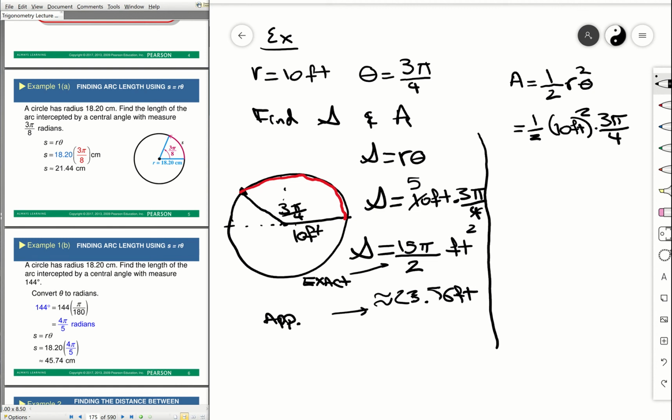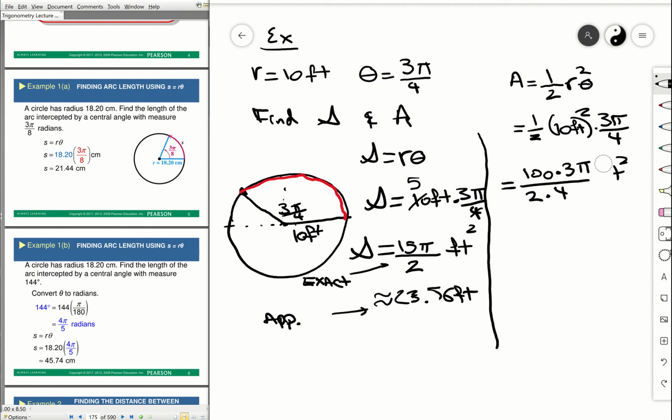Okay, so now we end up with 100 times 3 pi over 2 times 4. And notice the feet are being squared, so square feet, which makes sense because the unit for area should always be square.